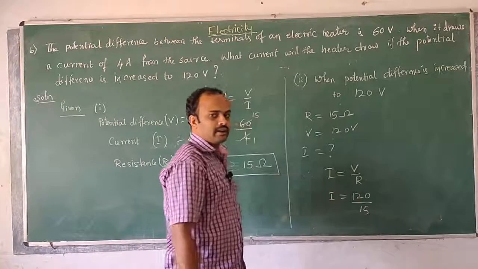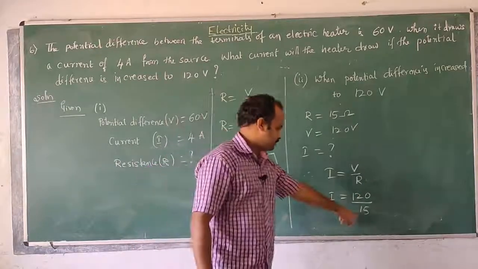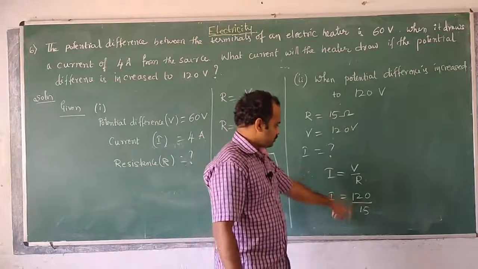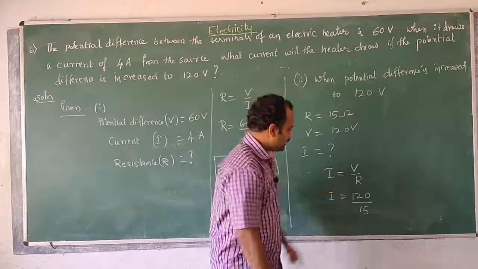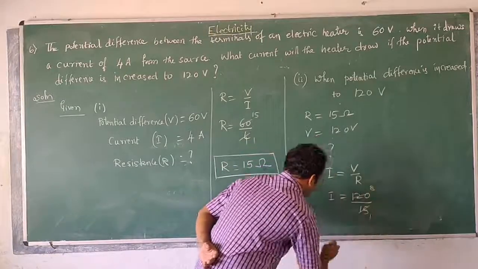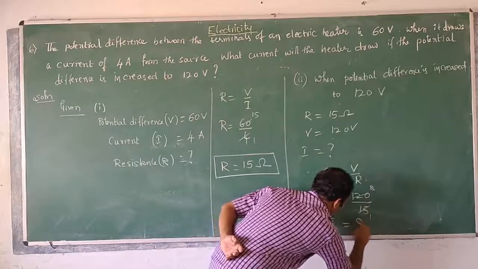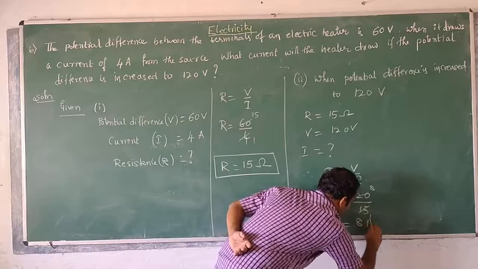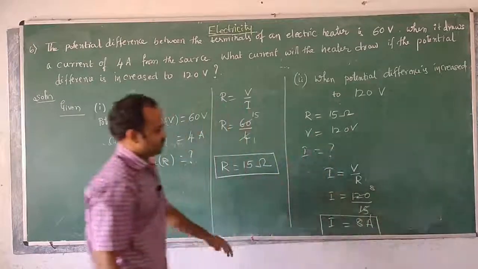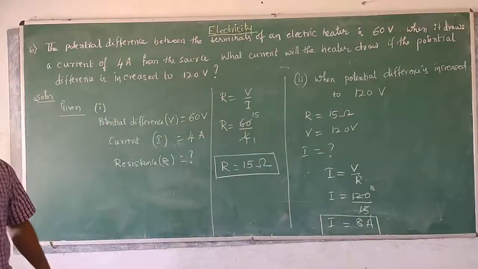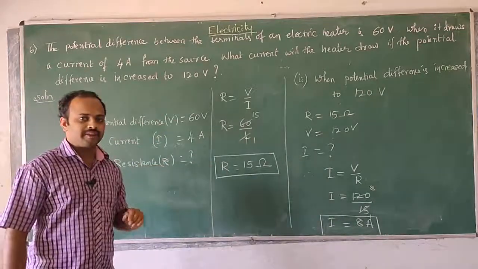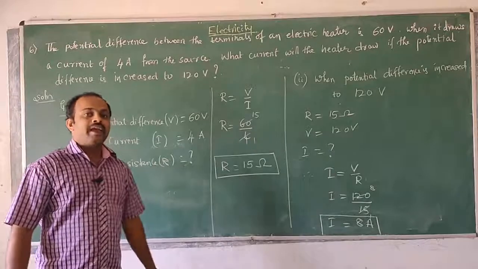Divide 120 by 15. 15 ones are 15, and 15 eights are 120. Therefore I equal to 8 ampere. So when the potential difference is increased to 120 volt, the current flowing is 8 ampere.